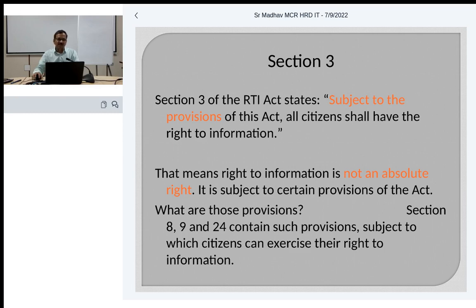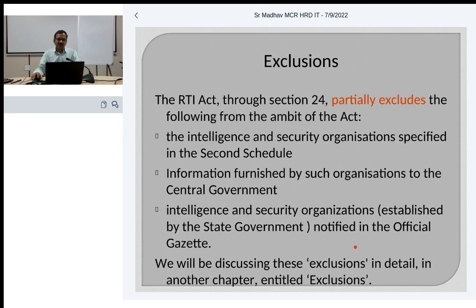These can again be categorized into two categories of provisions which have some bearing on the right to information. So we'll start with Section 24. Section 24 partially excludes certain organizations, certain authorities from the ambit of Right to Information Act. These are called exclusions.